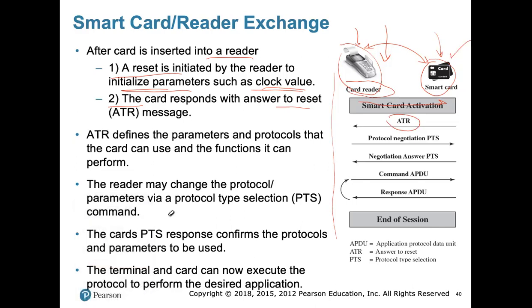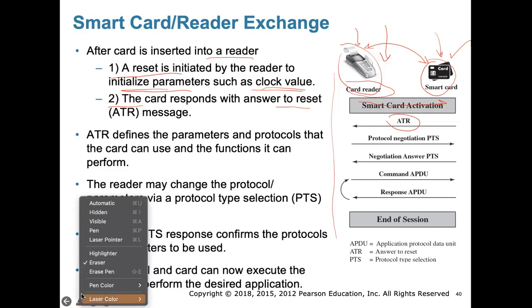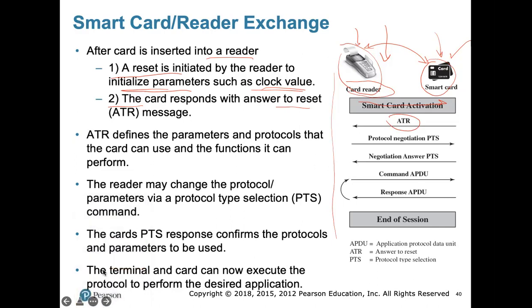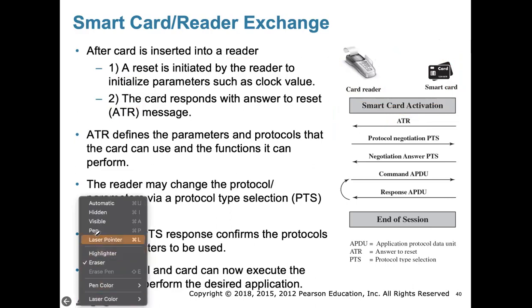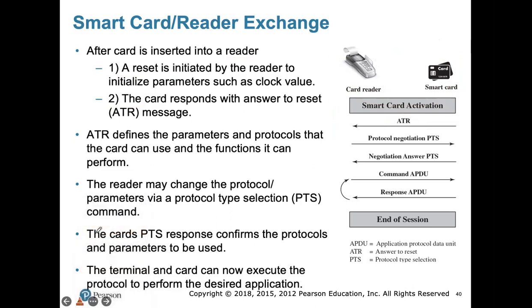Let me erase the stuff. So the first thing it mentions is that it acknowledges and gets the smart card ready for the authentication process, and also it defines the ATR message, answer to reset.